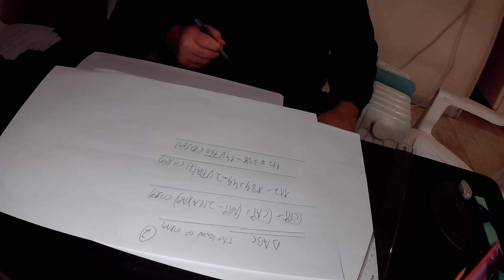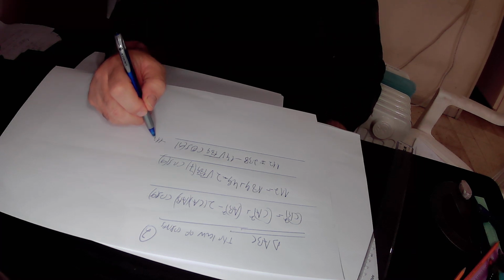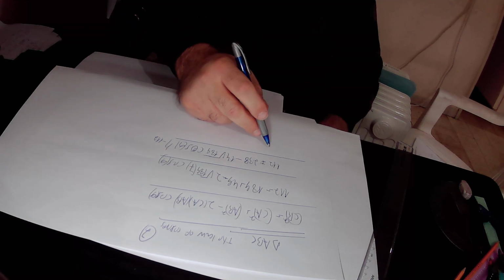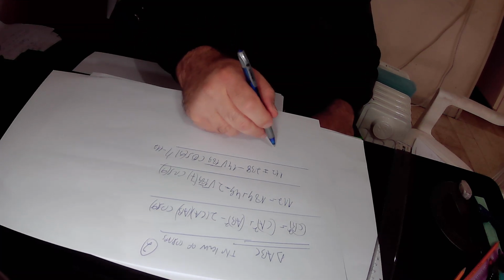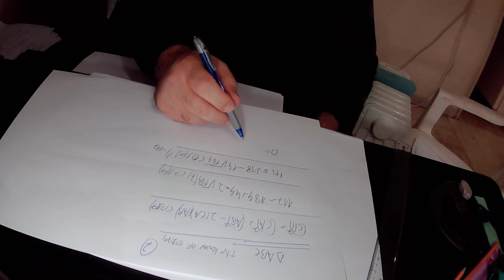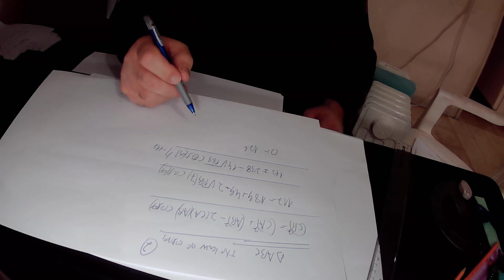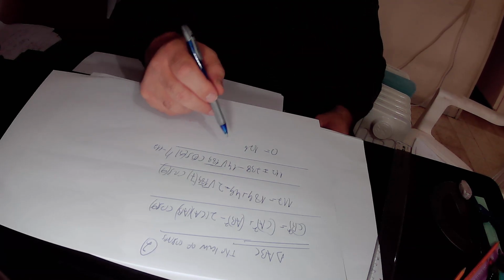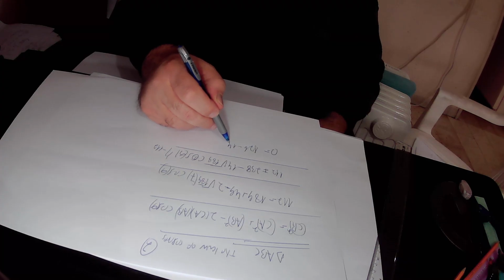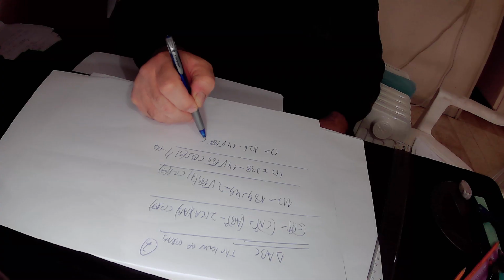Here we subtract 112 from this equation. So on this side of the equation we are left with nothing, that is to say 0. Well, on the other side of the equation we have 238 minus 112 is 126. And here we have minus 14 times square root of 189 times cosine alpha.